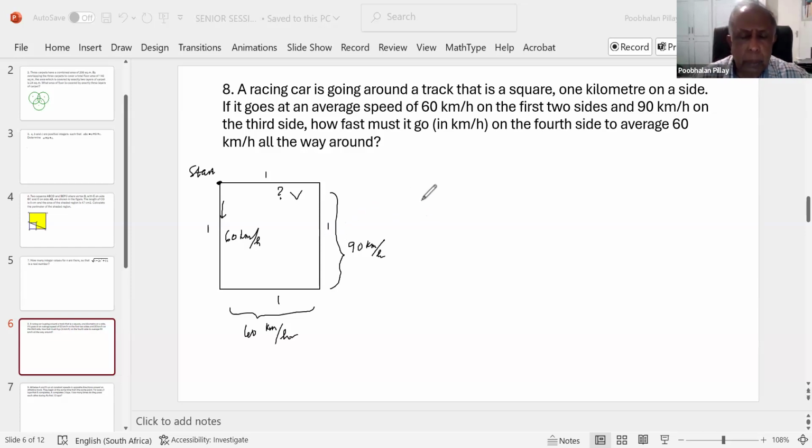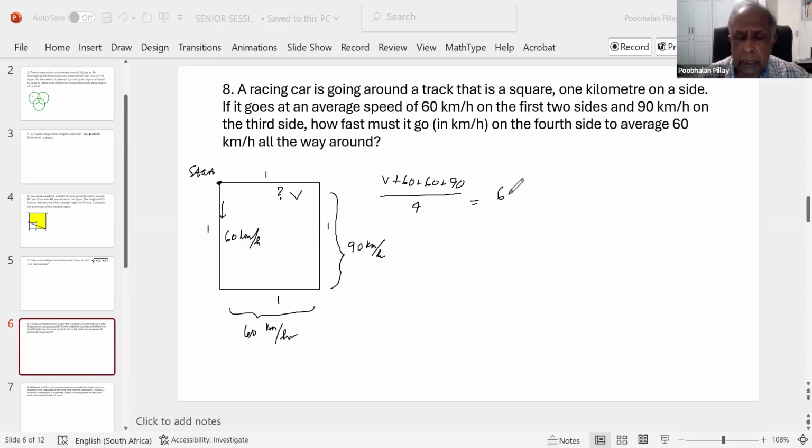So most people will say, well, this is easy. To find the average, if the average is going to be 60, that means V plus 60 plus 60 plus 90. Take the sum of all the various velocities. To find the average velocity, you add the four velocities and divide by 4.